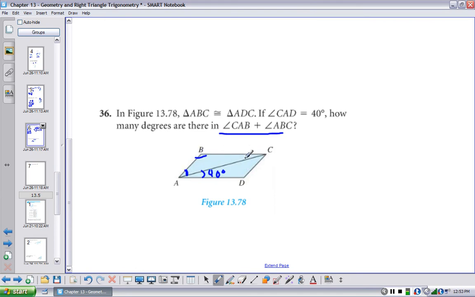Because these triangles are congruent, this angle corresponds with that angle. We know there are 180 degrees in a triangle, and if we subtract that 40 degrees, we have 140 degrees, which is the number of degrees in the other two remaining angles.